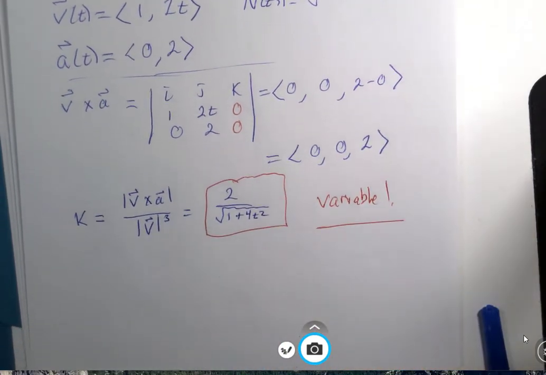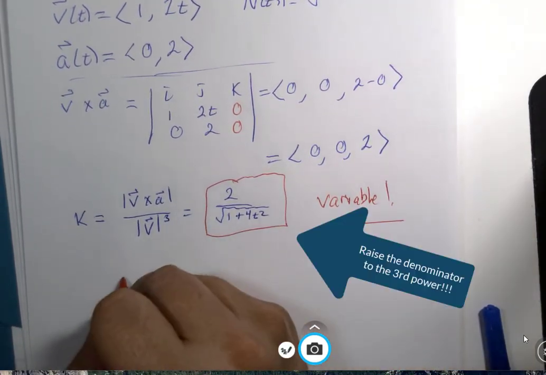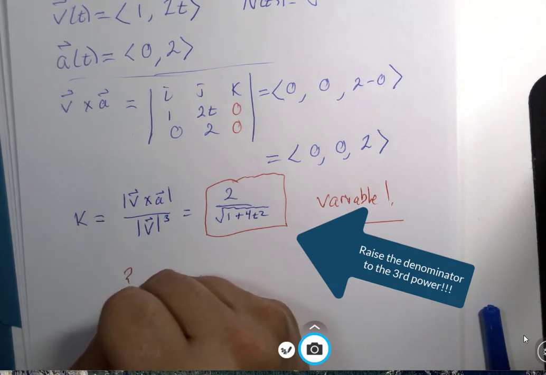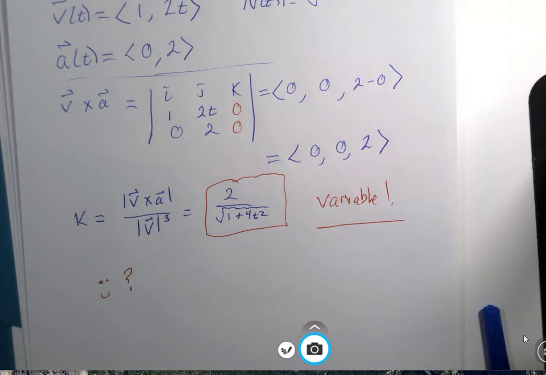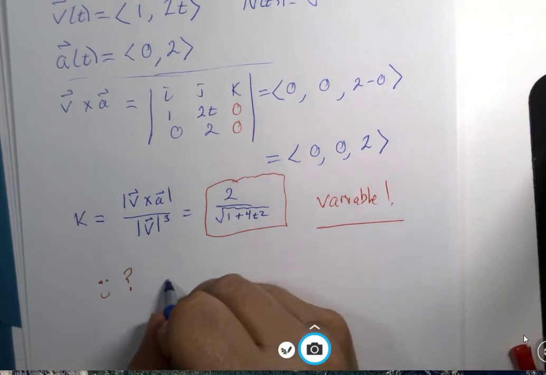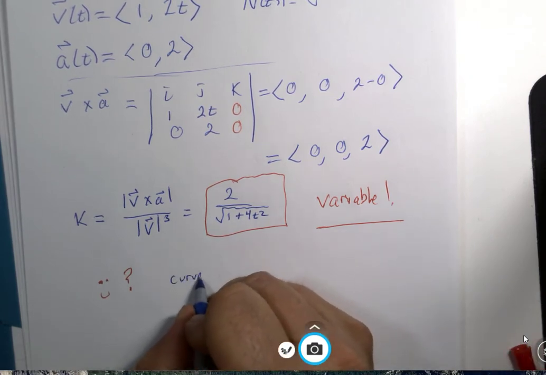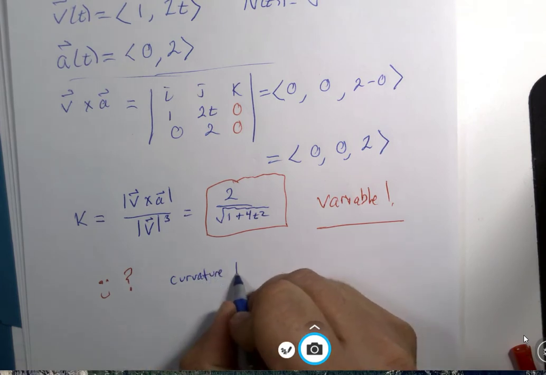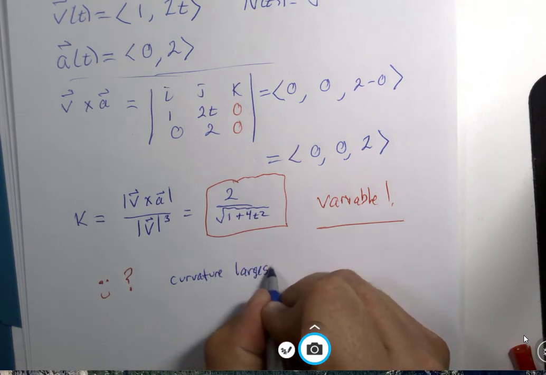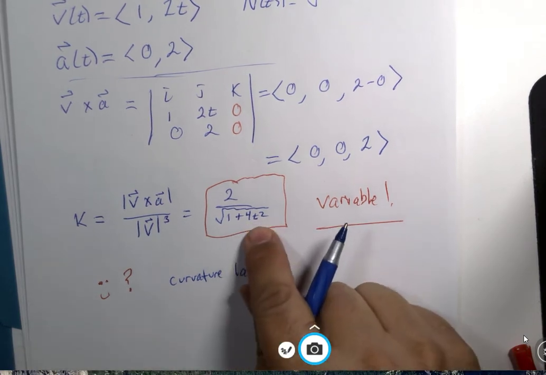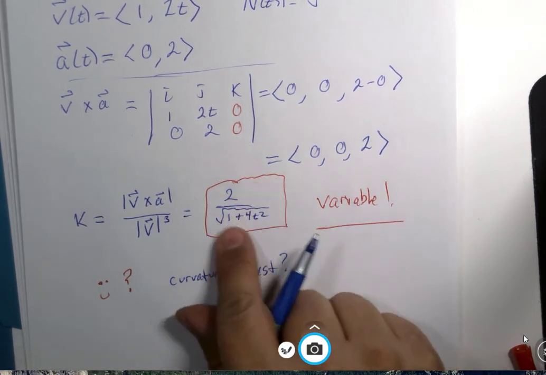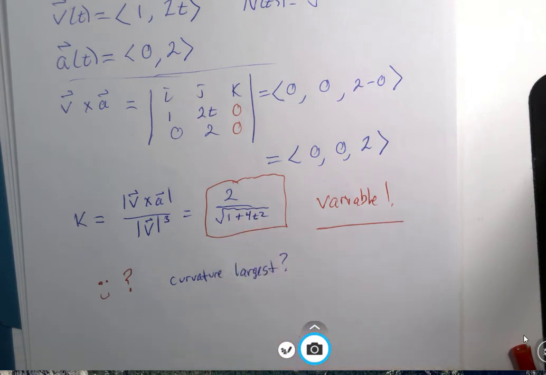So, question. For fun, of course. Where's its curvature largest? What value of t makes this fraction the biggest possible value?